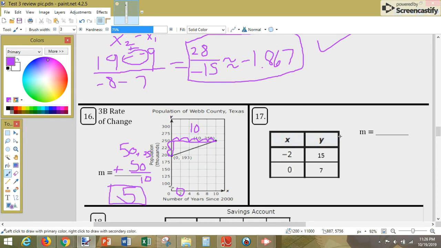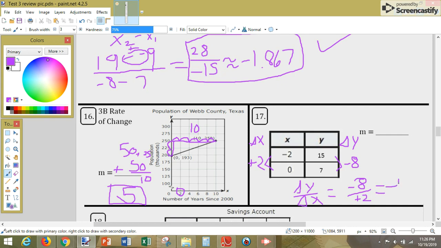Number 17, we're going to find the slope of this table. So we can find the change in x and the change in y. To get from negative 2 to 0, we add 2. To get from 15 to 7, we subtract 8. Our change in y over the change in x equals negative 8 over positive 2.